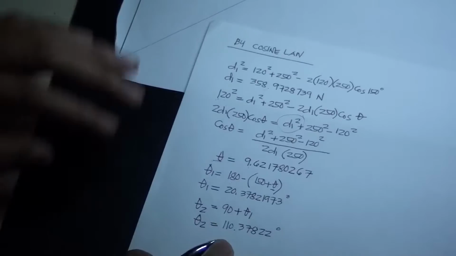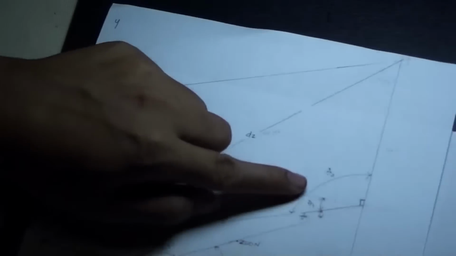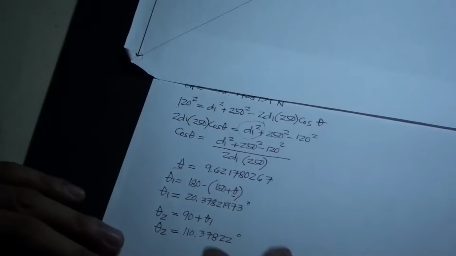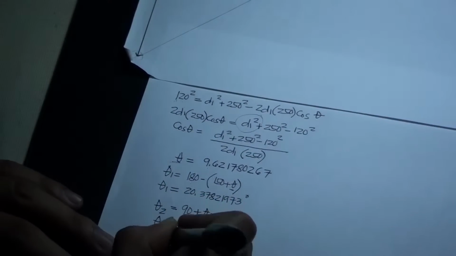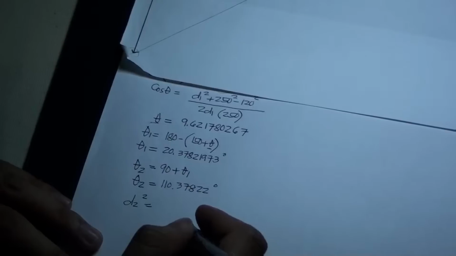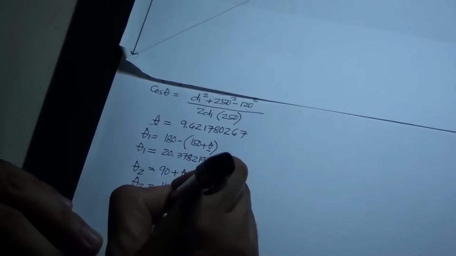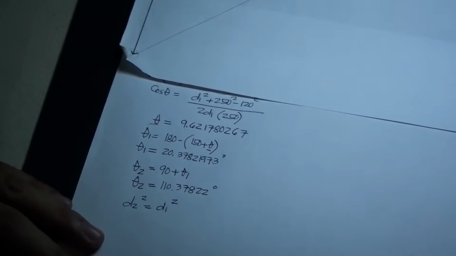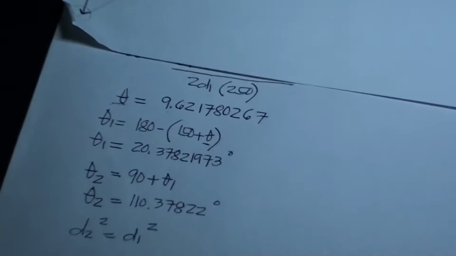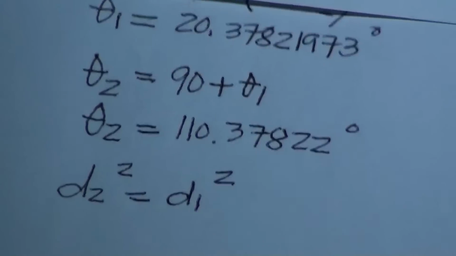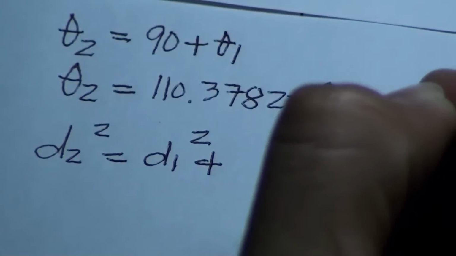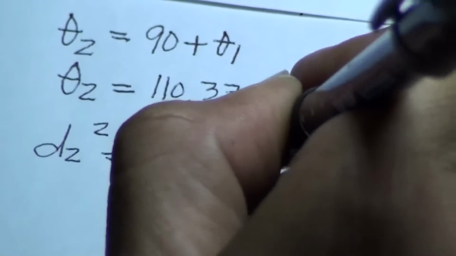degrees. So that is your theta sub 2, and we're ready to solve for d sub 2. So for d sub 2 now, d sub 2 squared is equivalent now to the remaining sides, we have d sub 1 squared plus 200 squared.